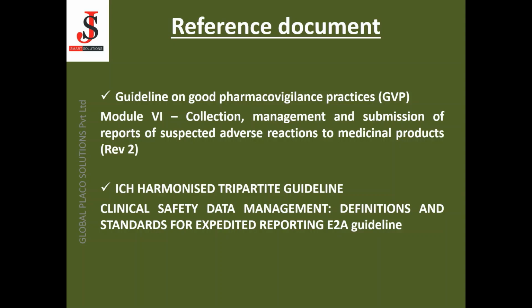This includes clinical safety data management, which provides information on definitions and standards for expedited reporting. This is an E2A guideline. As you all know, we have quality, safety, efficacy and multidisciplinary guidelines, which constitute the ICH guidelines, and E2A is one of them.